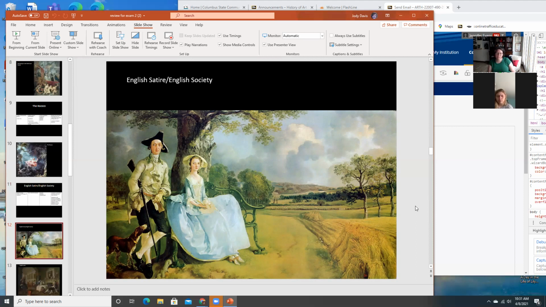Her maiden name was Frances Carter. They have married as an arranged marriage because it secures them both title and land and wealth. At this time, wealth is equal to land. So there's a large expanse of landscape, which proves their wealth within society.